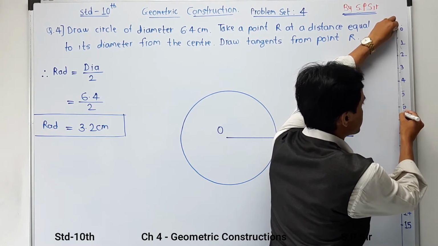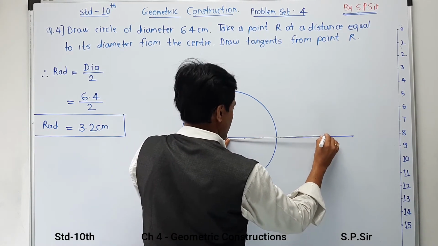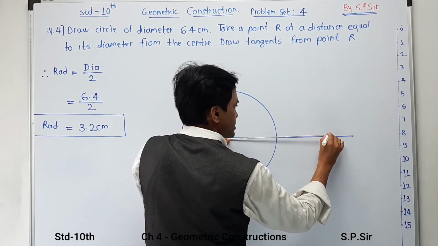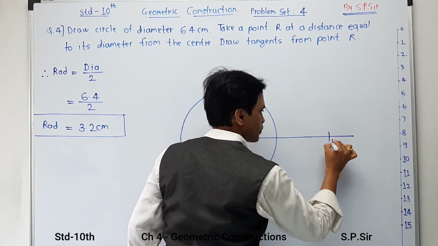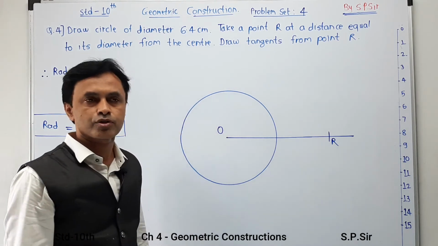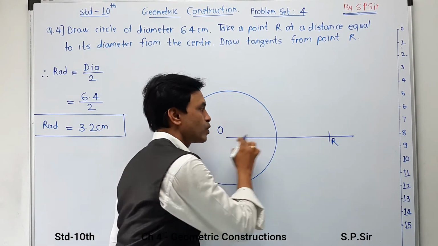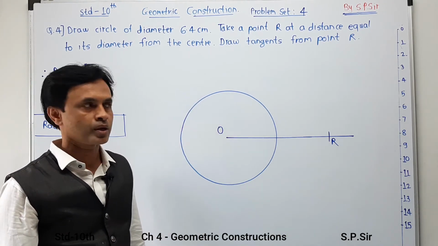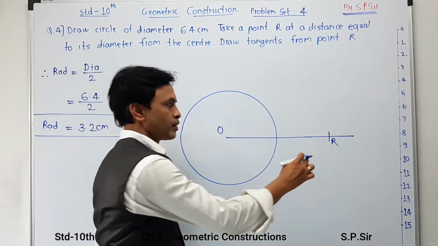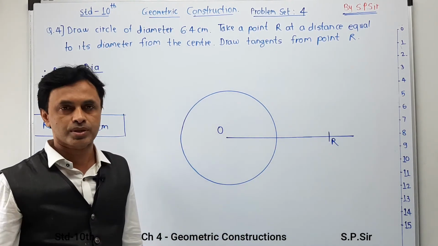So from the center I am going to make a mark over here, this is a distance of 6.4 and this is the point R. So remember, from O to this radius is 3.2, but O to R is nothing but the diameter distance, and that is 6.4. Now our target is to draw two tangents to the same circle from this point R.